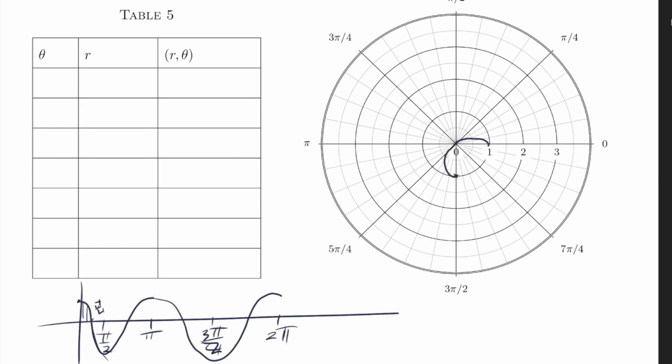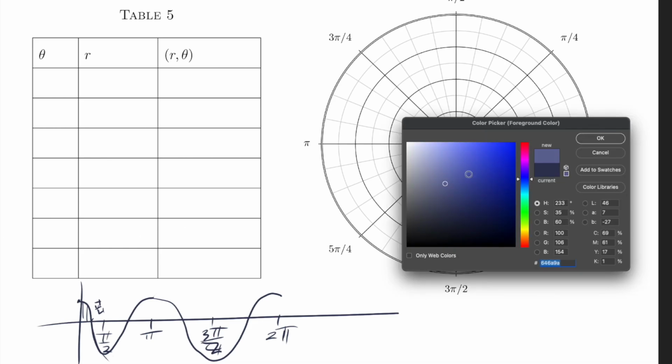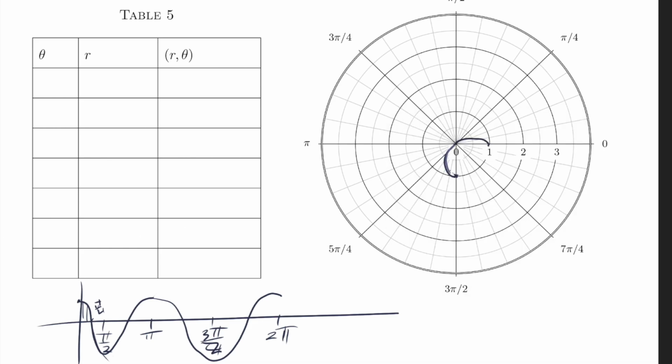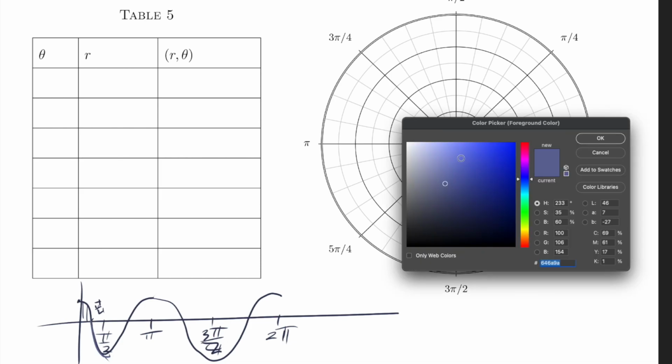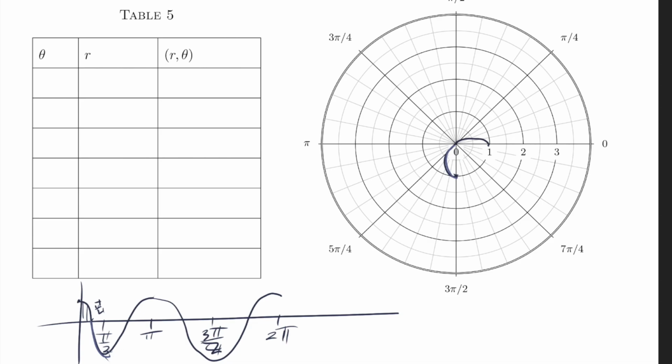Let me do this in slightly different colors. So this part here is this, and this is this. Let's choose a green. So this part here would be this part here, because remember, it's negative values up. But I'm actually ending up negative.